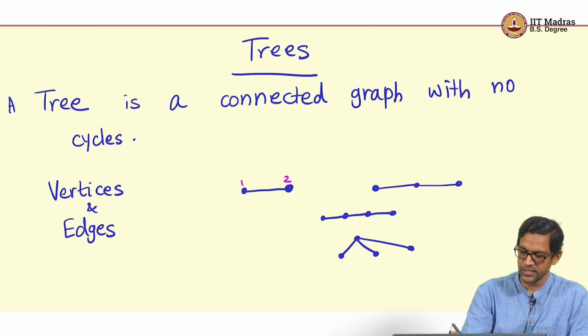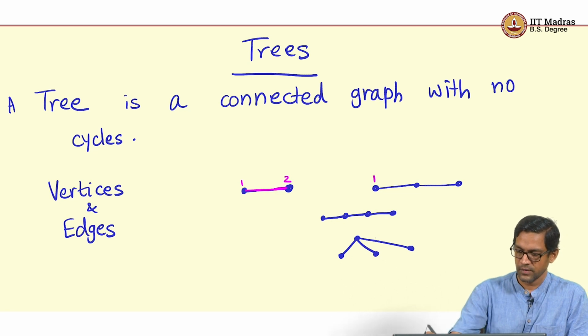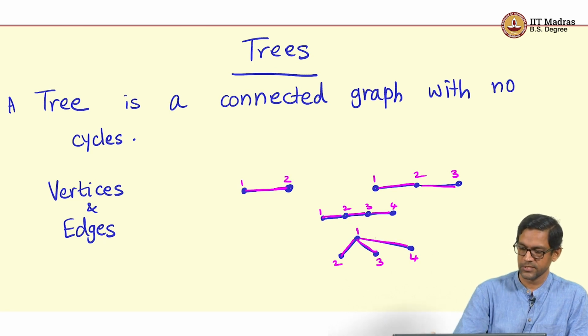So there are 2 vertices but only one edge. In this case there are 3 vertices and 2 edges. This guy here has 4 vertices and 3 edges, and again this configuration is still 4 vertices, but still the number of edges is 3.